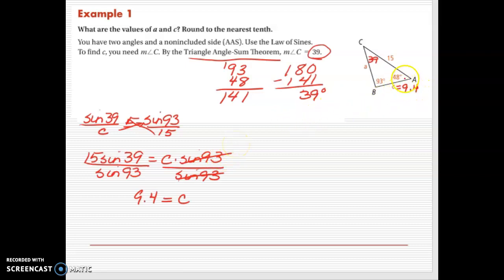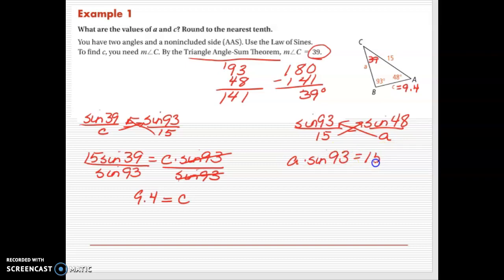All right. So the next one, we still use the sine of 93 and the 15 since that's given to us. And we don't have anything that we are rounding off like we had to do here. That one equals, and now we'd have the sine of 48 over A. Cross multiply and you get A times the sine of 93 equals 15 times sine of 48. So once again, you're going to divide by that sine of 93 because that's the number with that A that we want to solve for.